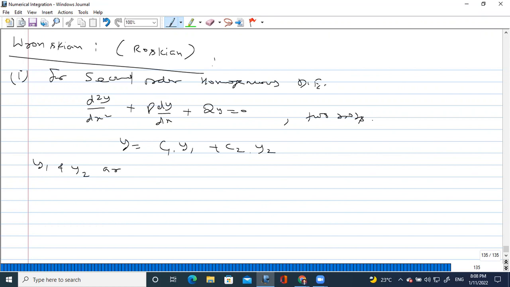Now here, y1 and y2 are two solutions of the differential equation. Now there is a condition that y1 and y2 can be independent of each other or they can be dependent on each other. So these are the two conditions.